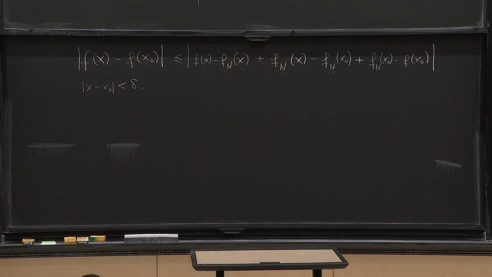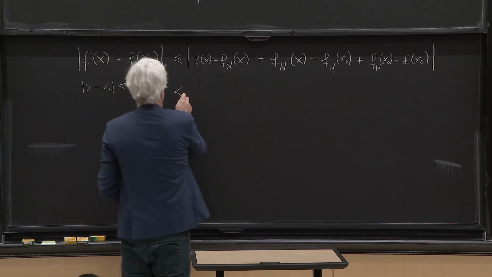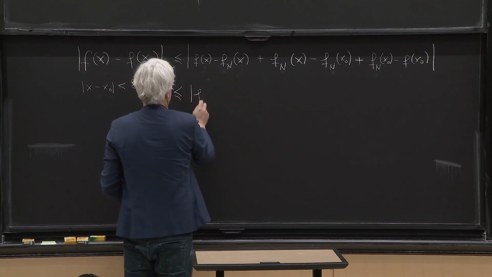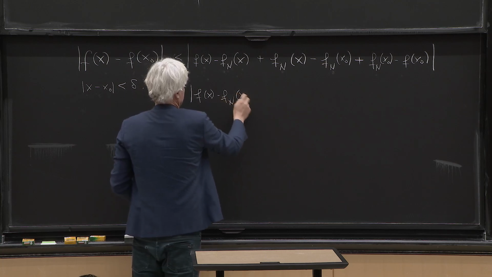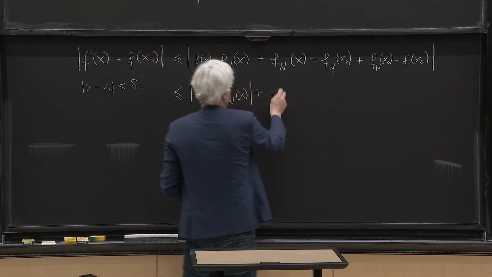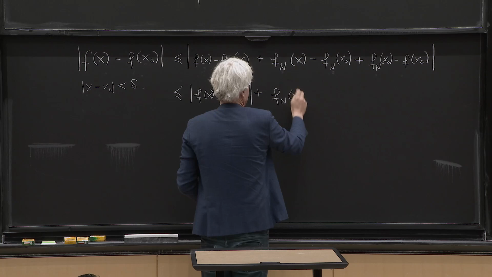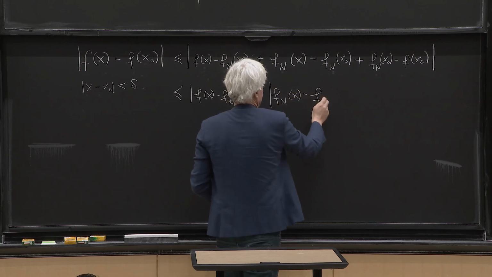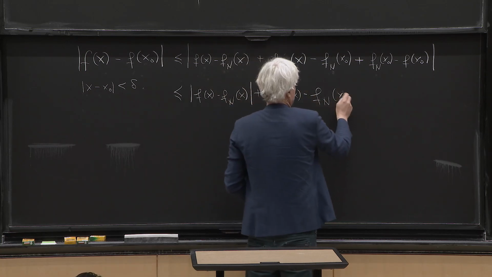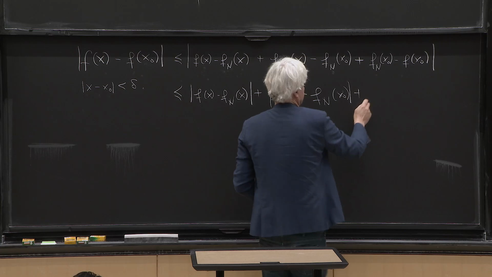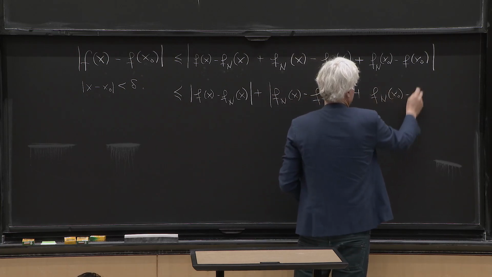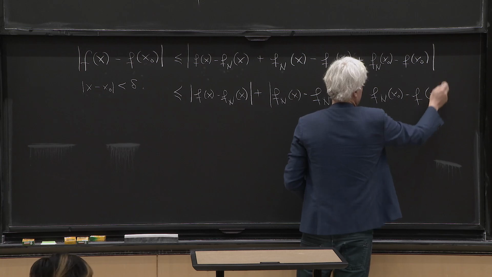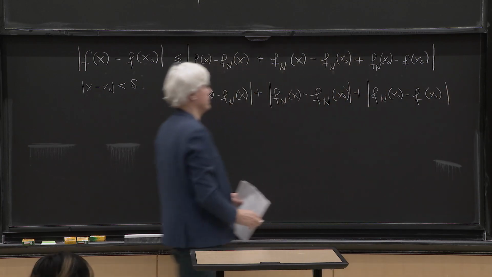And so now we use the triangle inequality, so this is bounded by |f(x) minus f_N(x)| plus |f_N(x) minus f_N(x0)|, plus |f_N(x0) minus f(x0)|.